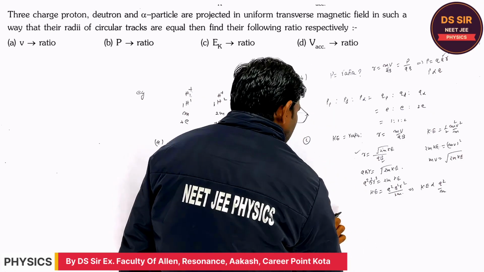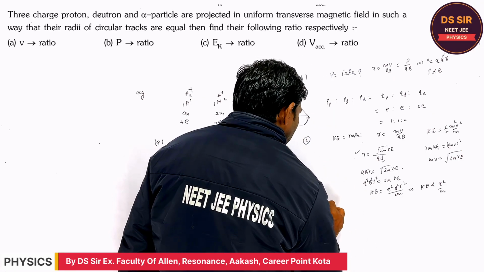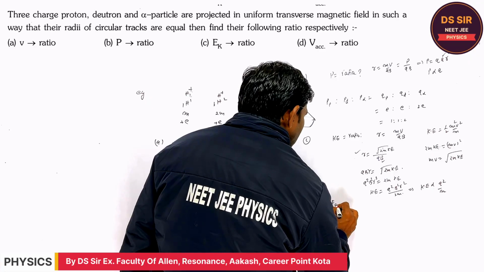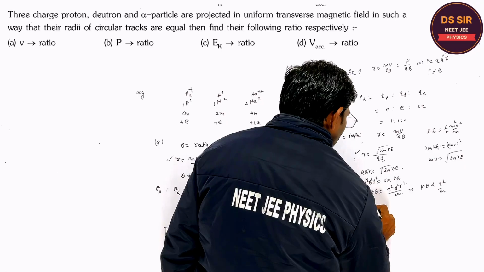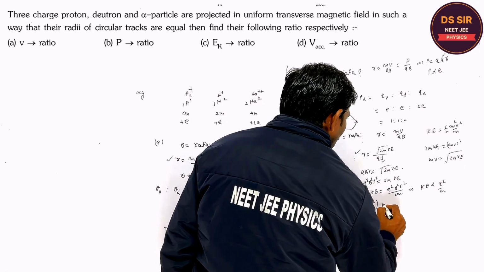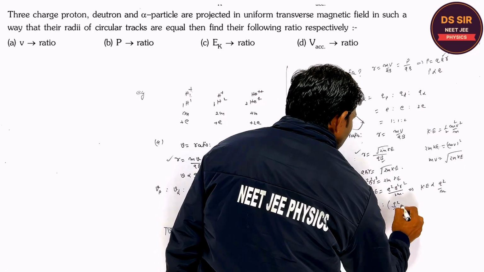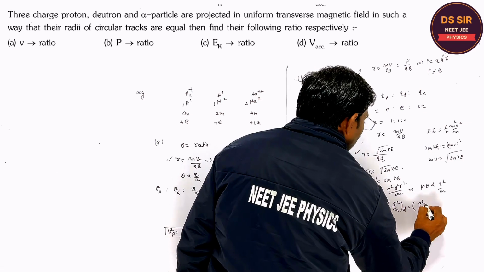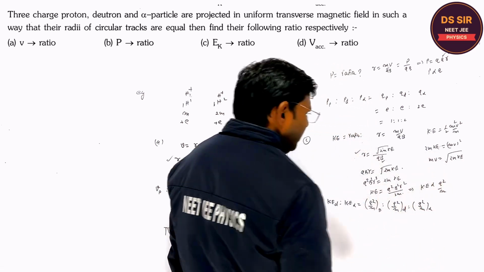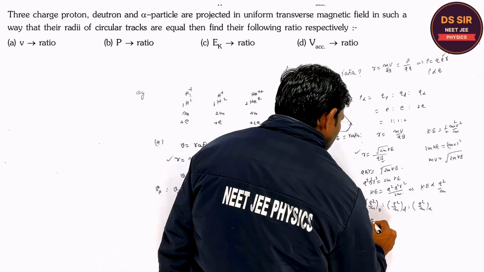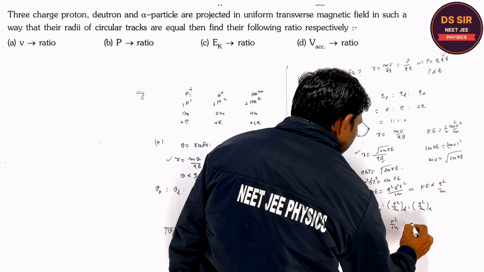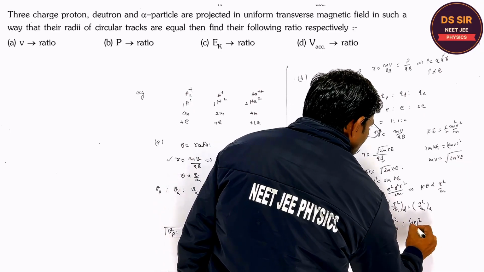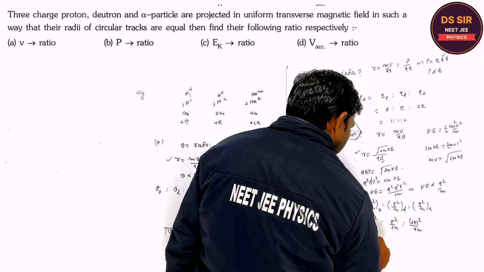So kinetic energy of proton, deuteron, alpha particle is E square upon m, E square upon 2m, E square upon 4m.